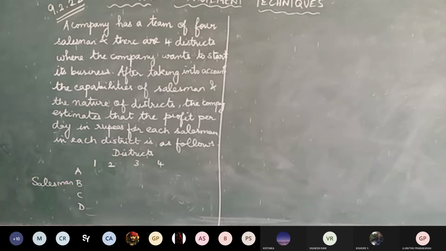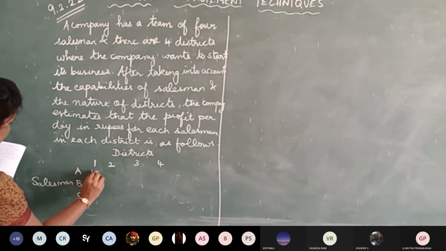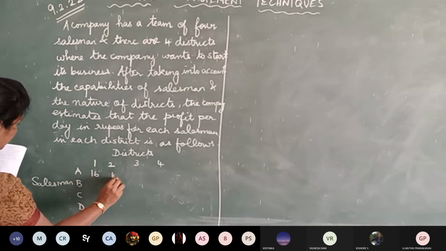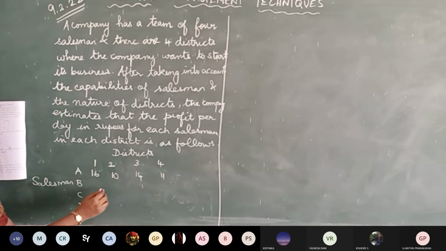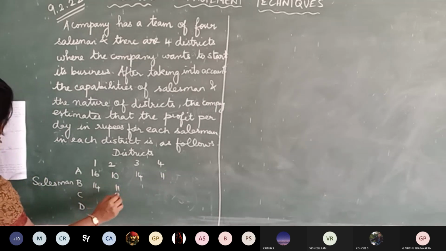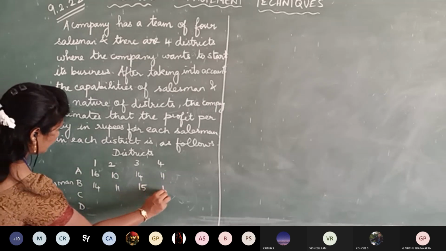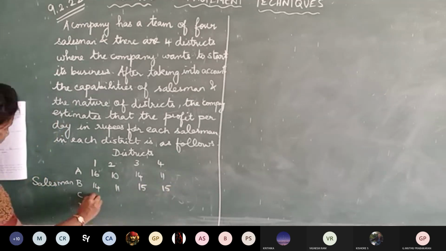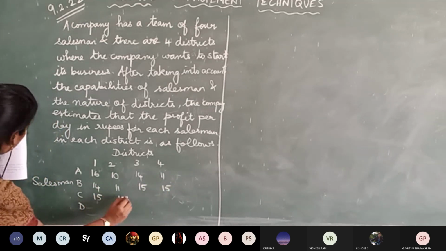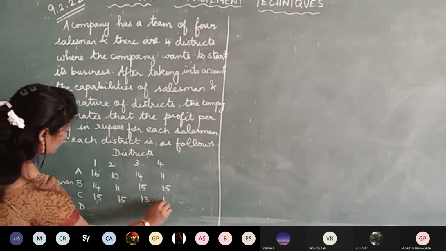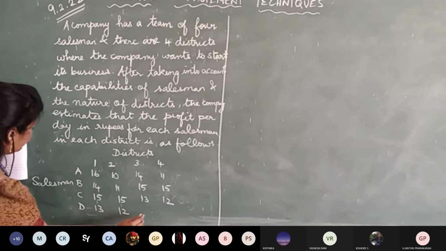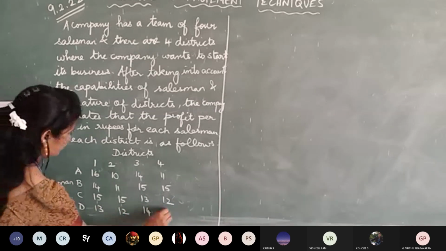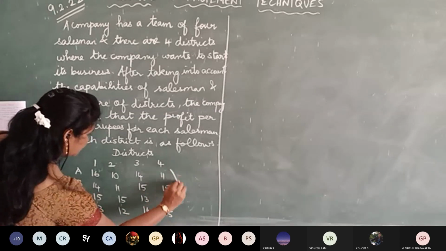Okay, 4 districts and 4 salesmen, and their values are 16, 10, I'm telling row wise, 14, 11, 15, 15, 15, 13, 12, 13, 12, 14, and 15.